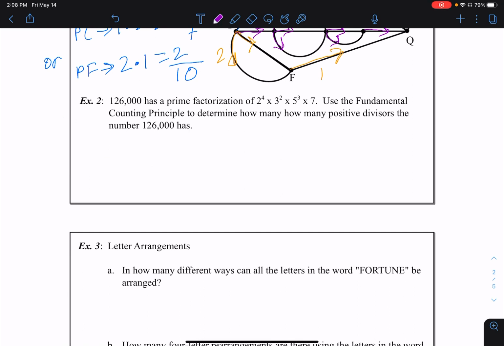So what we look at here is, we say, how many 2's are there?